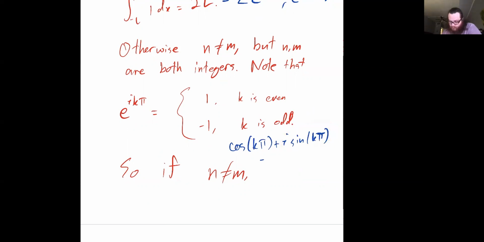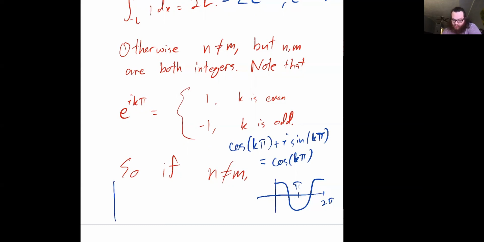So that's going to be cosine of k pi. And then here, what we can do is just graph it. So that's 2 pi, pi. So depending on whether or not k is even or odd, we're going to get either +1 or -1.